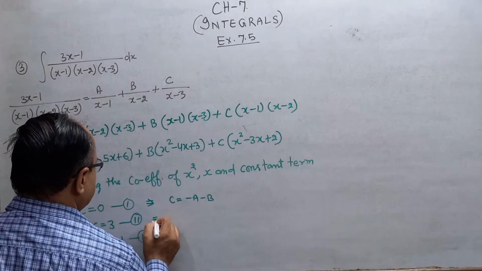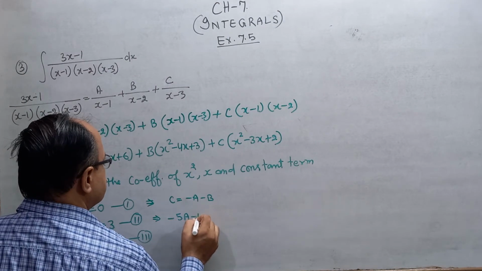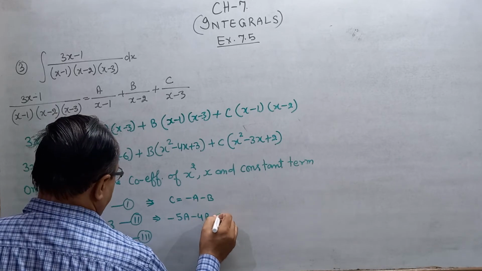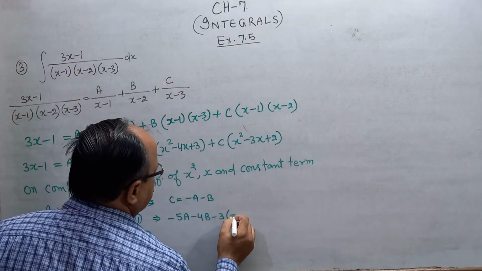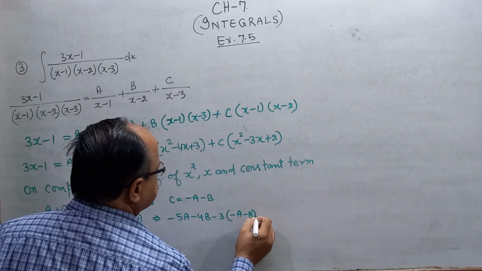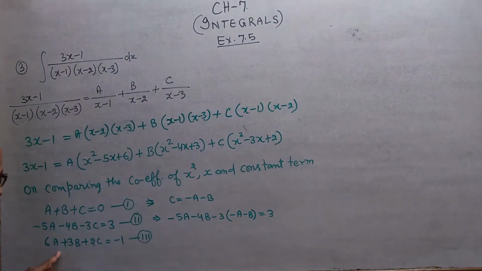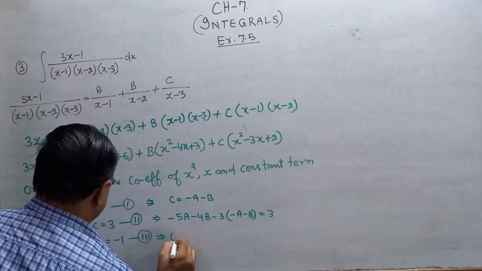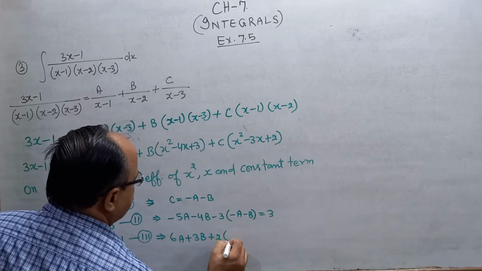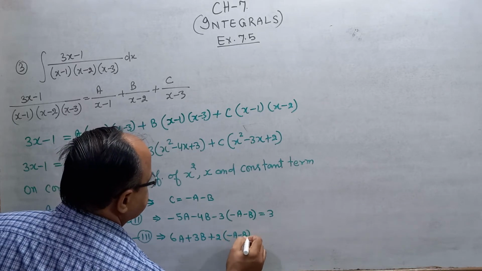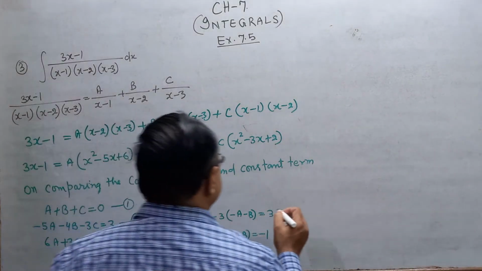Minus 5a minus 4b minus 3, and the value of c, minus a minus b, is equal to 3. And put here also 6a plus 3b plus 2, and the value of c, minus a minus b, equals minus 1.